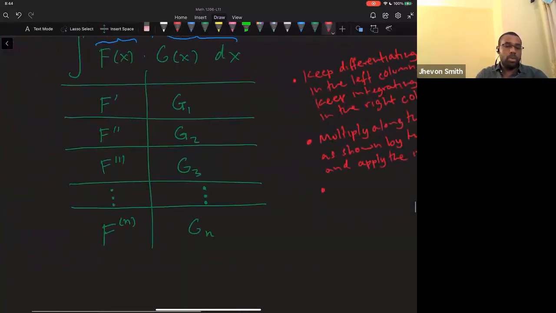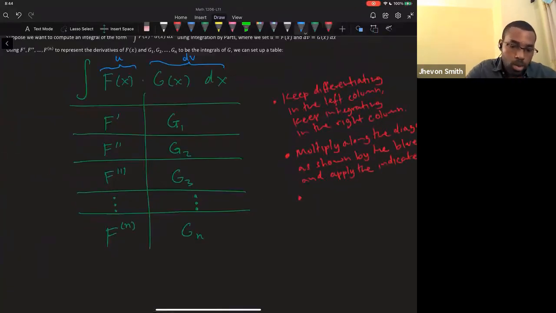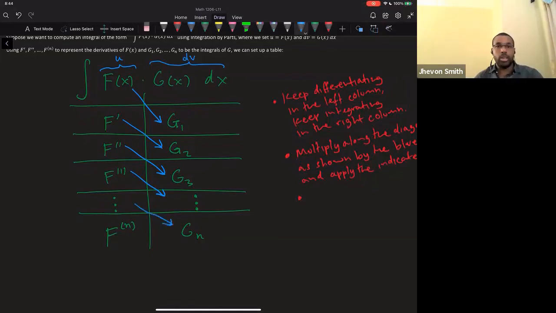So here's what you would do. You would take the big F times the G1, and the F prime times G2, F double prime times G3, F triple prime times G4, etc. You're going to keep going until you go down here. And then finally, along the last line, you're actually going to multiply in this direction. And the signs are going to go as follows.